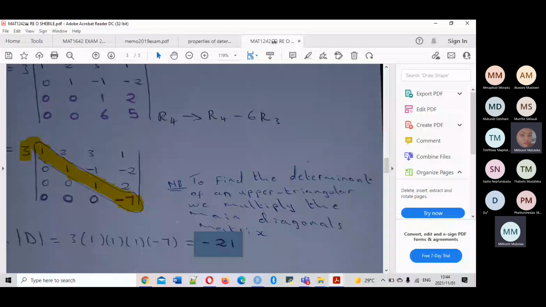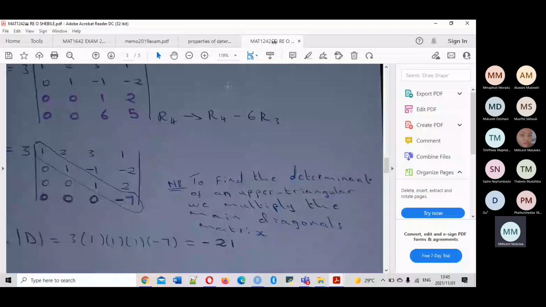Yes, it's an upper triangular. You have to make sure that you get an upper triangular. The last number doesn't matter, it can be any number. But at the end, you have to multiply. If you have got those 1, 2, 3, 4, 5, 6, if you have got 6 zeros, you can now multiply.